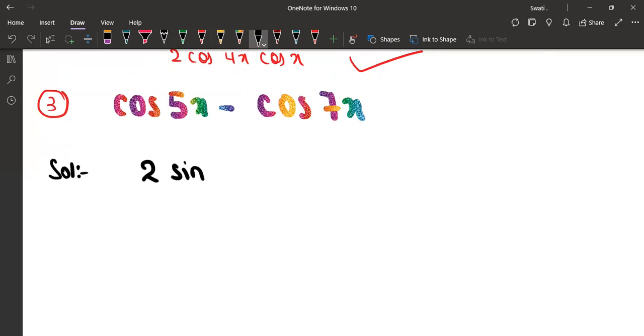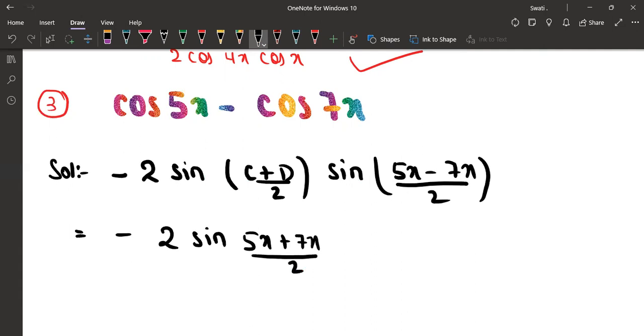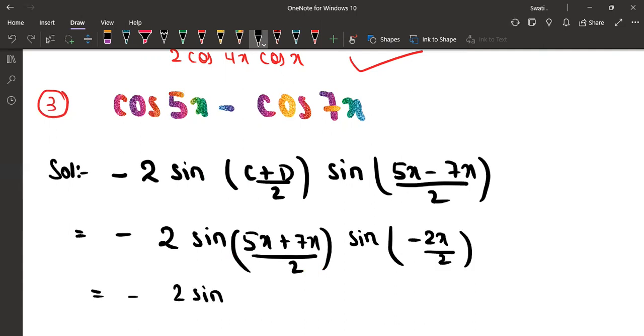So minus 2 sine (c plus d)/2, and the other term is also in the form of sine only, sine (c minus d)/2. So this is minus 2 sine (5x plus 7x)/2, and sine (5x minus 7x), that is minus 2x, so minus 2x by 2. So this will become minus 2 sine, 5x plus 7x, that is 12x divided by 2.